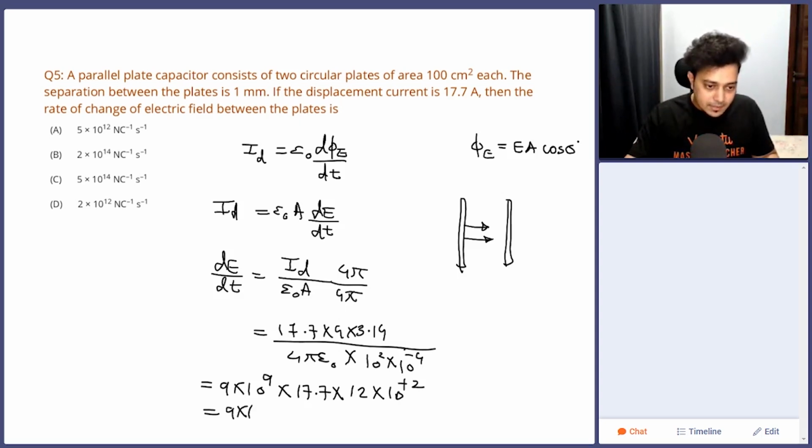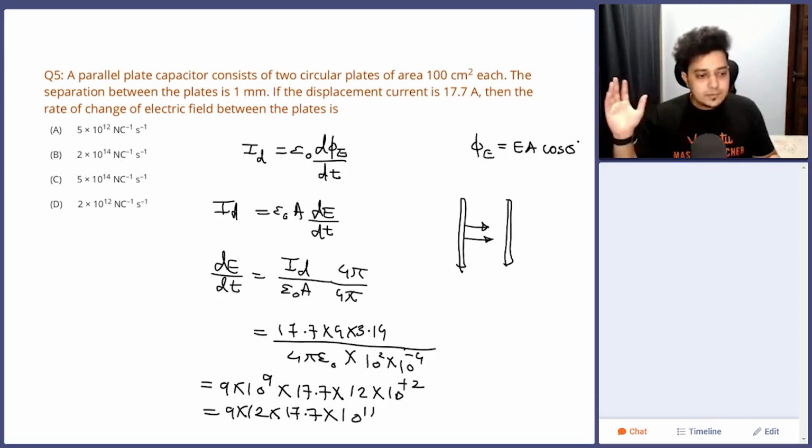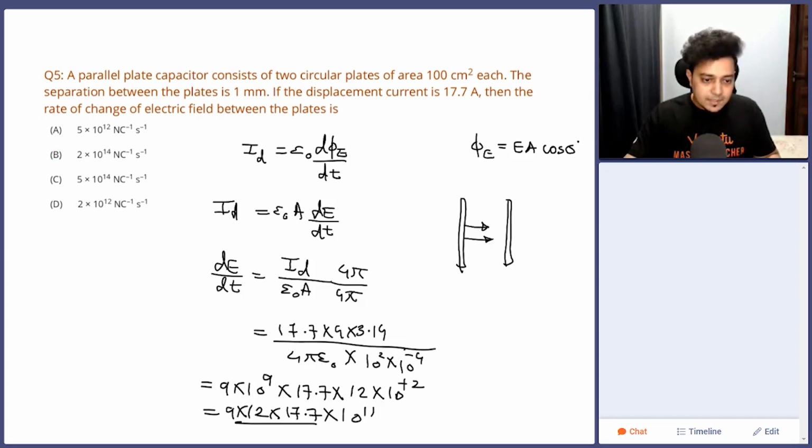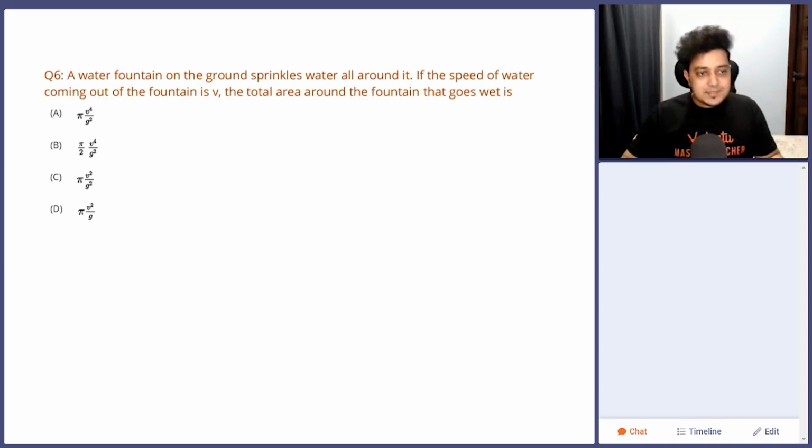You're remaining with 9 into 12 into 17.7 into 10 raised to 11. Now multiply and adjust the power. It's pure multiplication now. You should get answer C. No, not C, B. Multiplication you have to manage manually. It's not a very difficult multiplication, so I'm leaving that for you. Let's go to the next question.